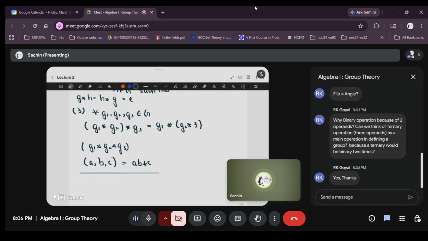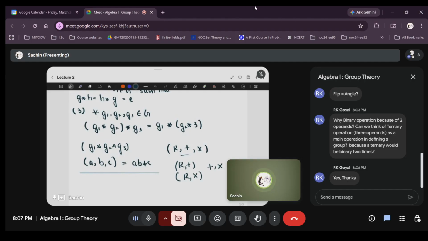Later, when you study rings and fields, since integers have addition and multiplication, you can study a set with two different operations, with addition having some properties, multiplication having some properties, and then plus and multiplication applied together having some properties.